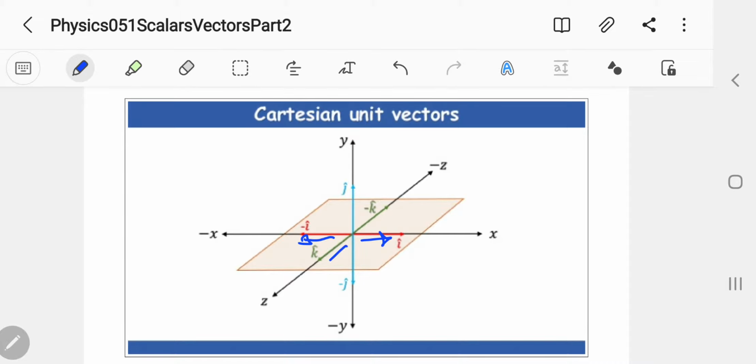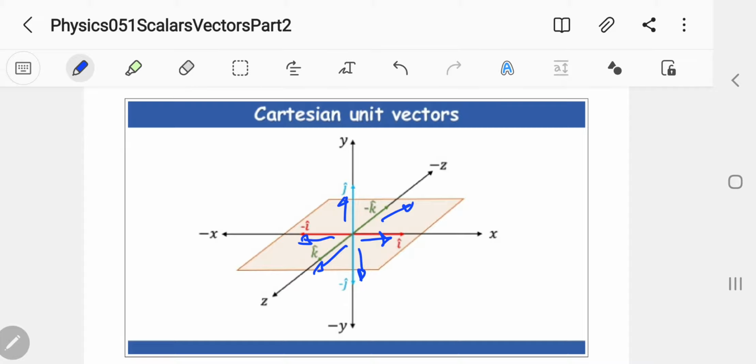Going to the positive z-axis is positive k, and negative z-axis is negative k, and then positive y-axis is positive j, and to the negative y-axis is negative j, and that's the convention of the unit vectors in Cartesian coordinate system.